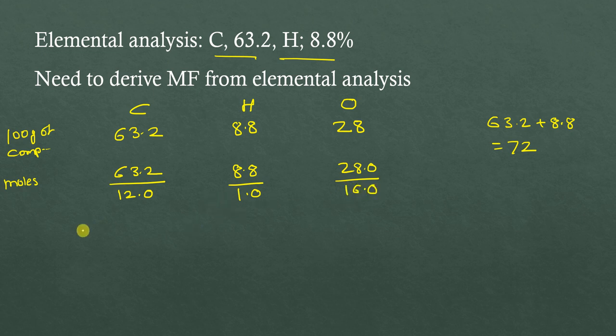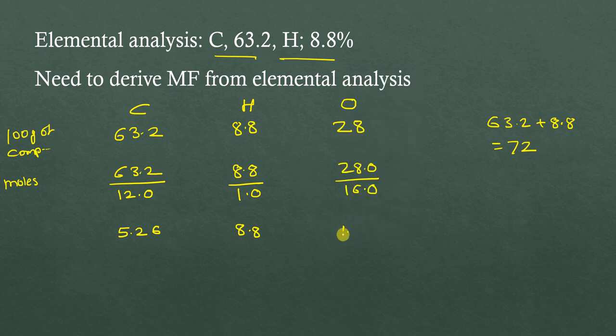If you do this, 63.2 divided by 12 will be 5.26. 8.8 divided by 1 will be 8.8, and 28 divided by 16 will be 1.75.